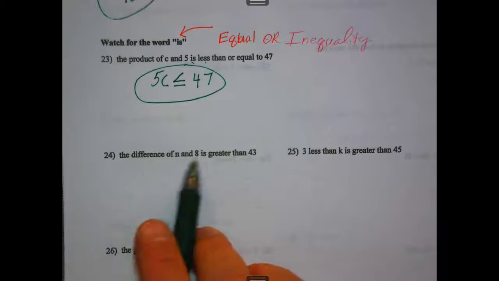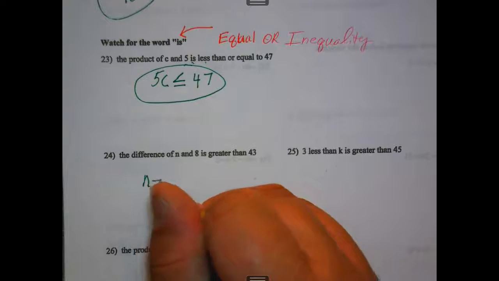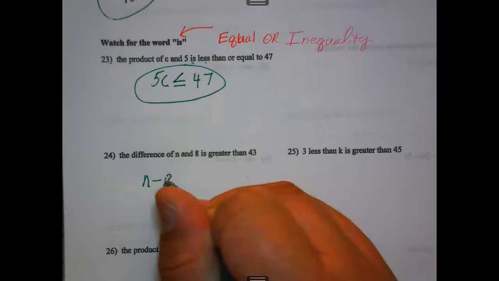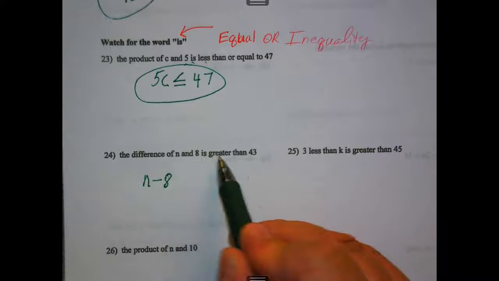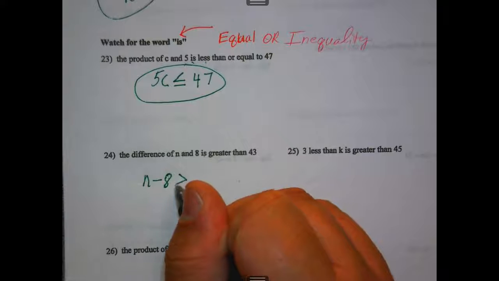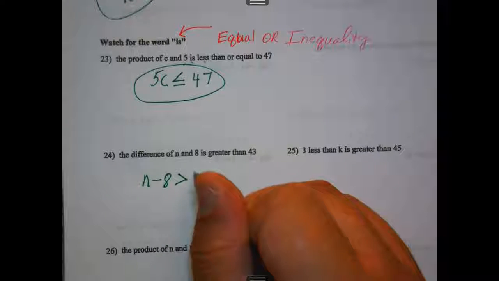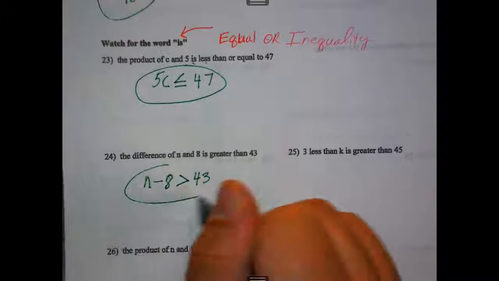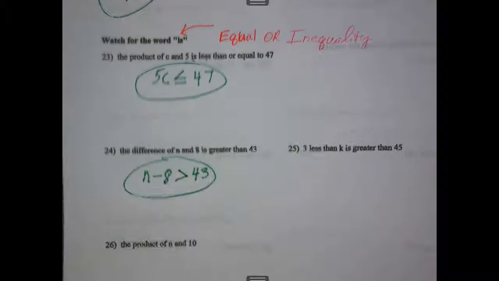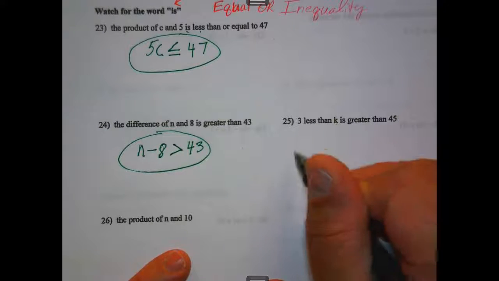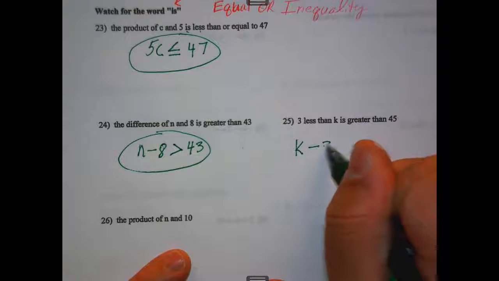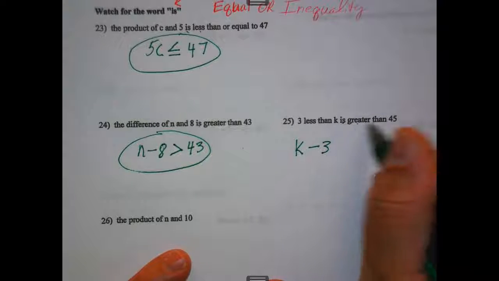The difference of n and 8, so it doesn't really say whether it's 8 less than, so n, the difference between n and 8, is greater than, so I have to use a greater than symbol, 43. 3 less than k, so here's k, 3 less than k, is greater than.